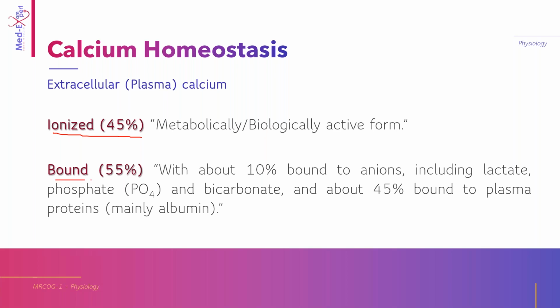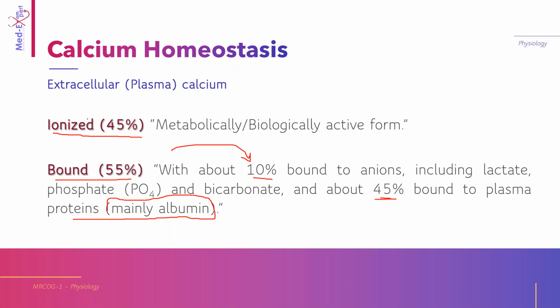While the bound form, which constitutes about 55% of the extracellular calcium, is subdivided into 10% bound to anions like lactate, phosphate, and bicarbonate, and 45% bound to plasma proteins, and this is mainly the albumin.